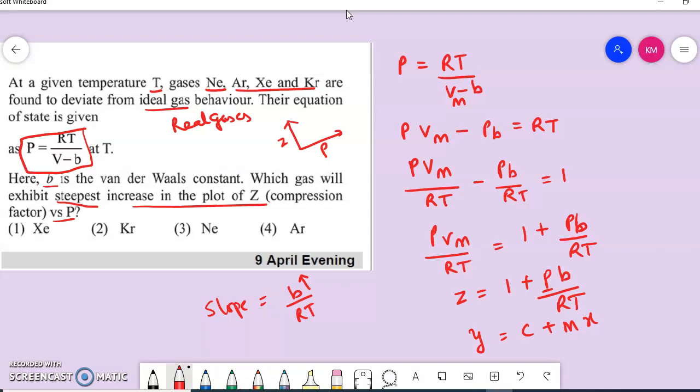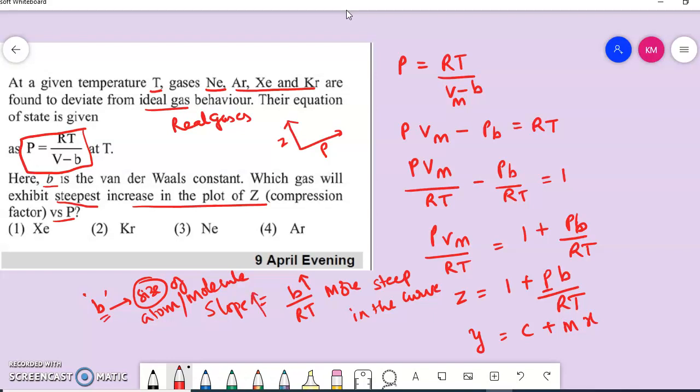But this b value depends on the size of the atom or molecule, and whichever gas has the highest size has a high b value. Obviously the slope also shows the steepest increase. That is possible with xenon. So xenon will be your correct answer.